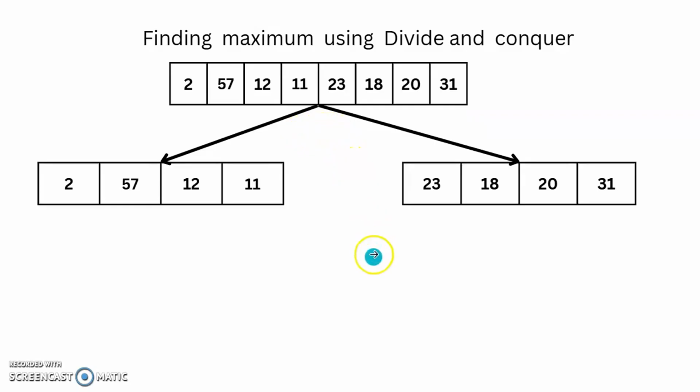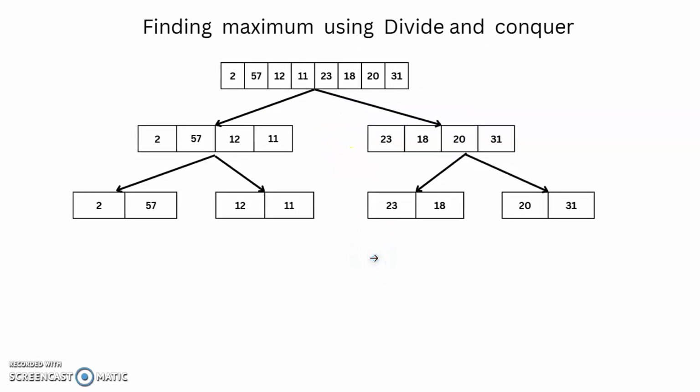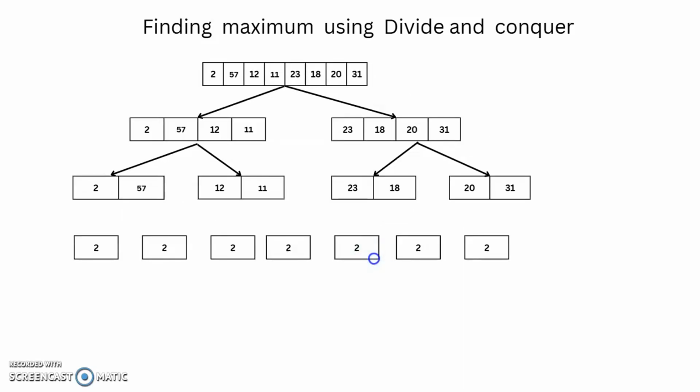So we have to continue this process. Further, you divide the list into again two halves. That is what we say divide. That is, we are dividing the problem into smaller sub-problems. Again, further you divide the list of numbers into two halves.